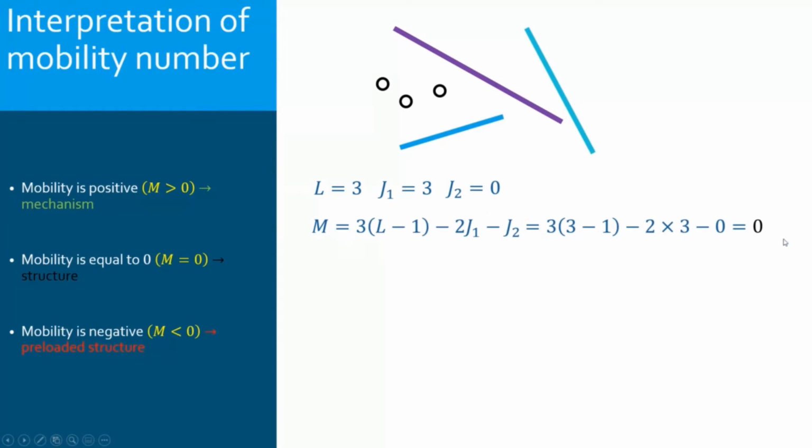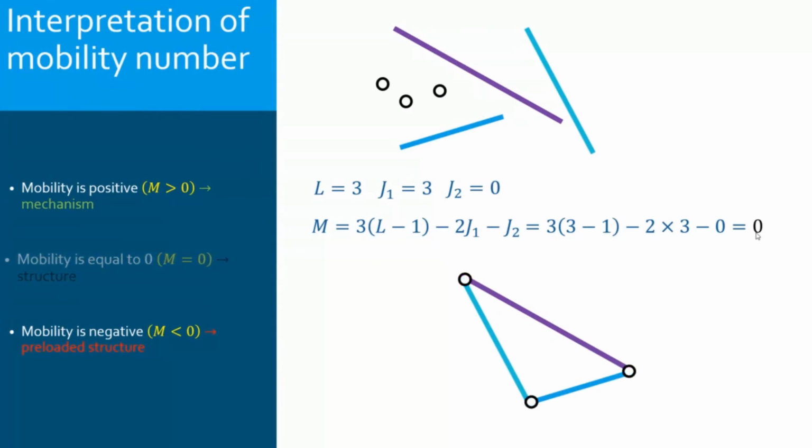If I substitute, 3 times (3 minus 1), minus 2 times 3, minus 0, the mobility will be 0. So there is no degree of freedom for this system. But it's quite easy to assemble them.